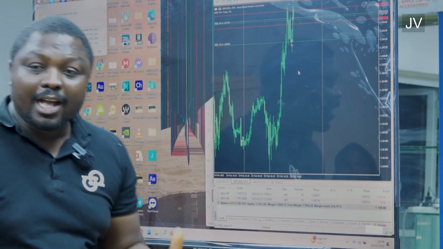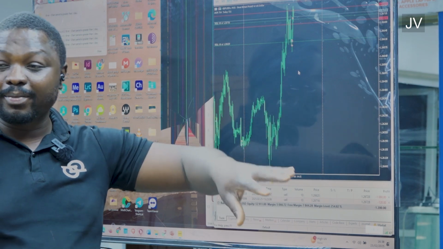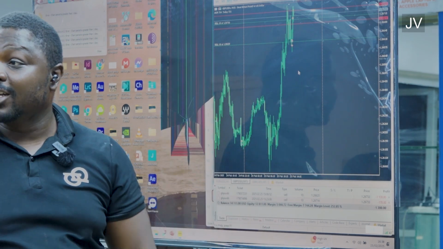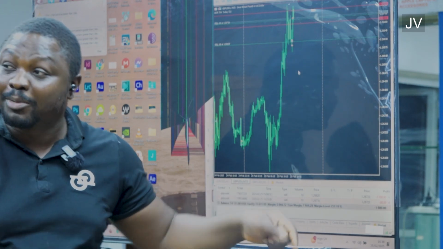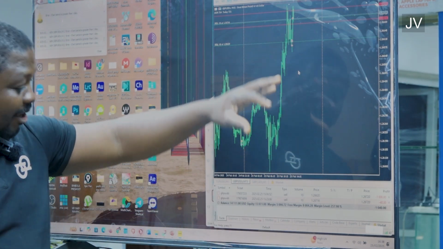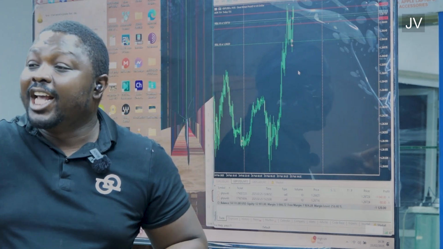This trade, I'm using 40 lots in this market now. No, this was a demo. My own real one, I'm using 40 lots. Yes. So now, with these 40 lots, every pip is $400.